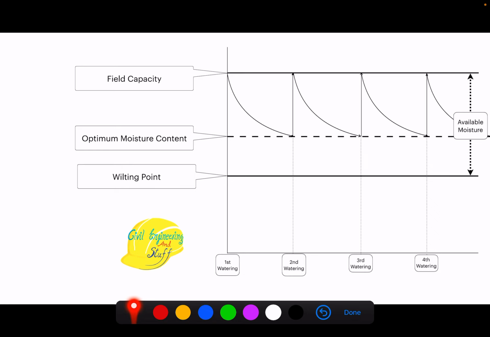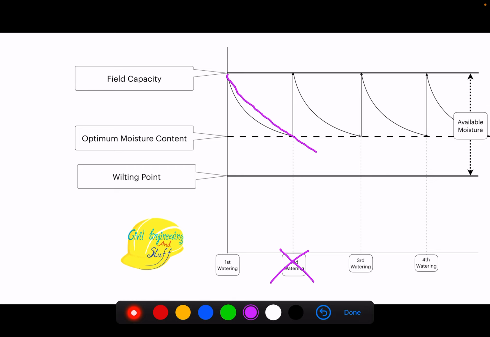In no condition do we want the moisture content of the soil to reach the wilting point, because if we delay, let's say if we would have skipped the second watering interval, what would have happened after this point?